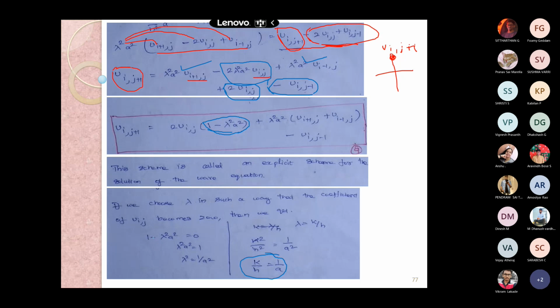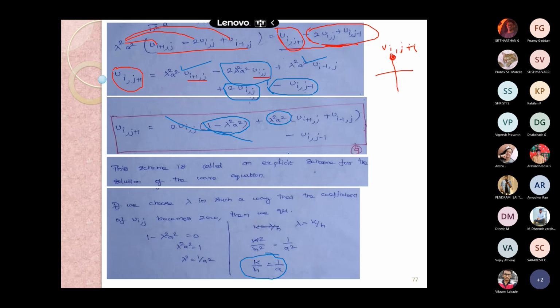So when 1 minus lambda square a square is equal to 0, here we will put 0. There won't be any term with this, right? And here, when 1 minus lambda square a square is equal to 0, instead of lambda square a square, I can apply 1, right?